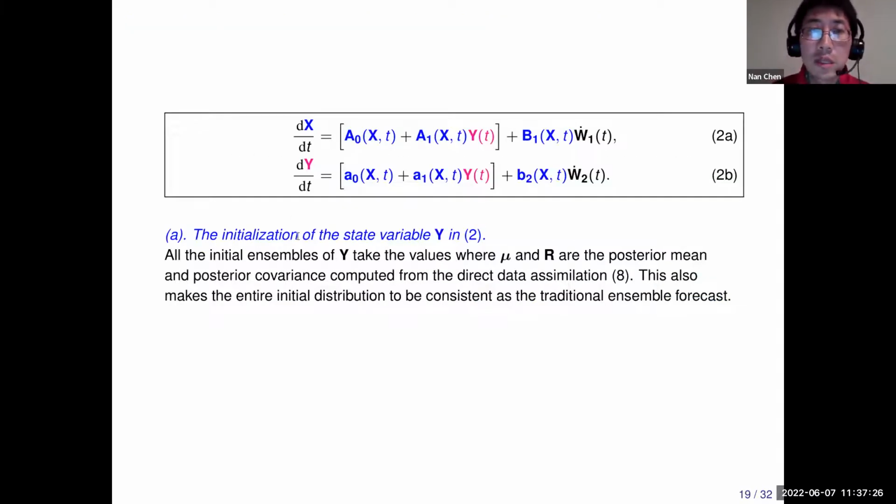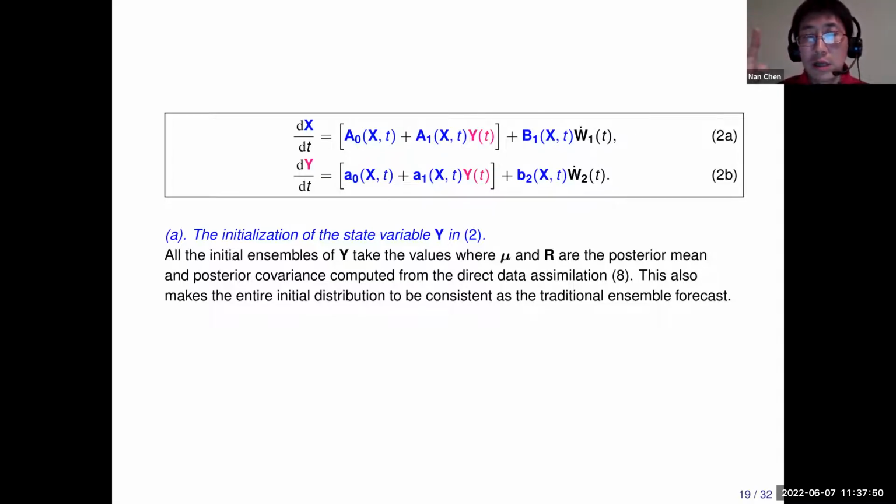So first, the initialization of the hidden variable y is actually very straightforward and simple. All the initial ensemble members of this y will take the values mu and r, the posterior mean and covariance, computed directly from the data assimilation formula of this entire system.